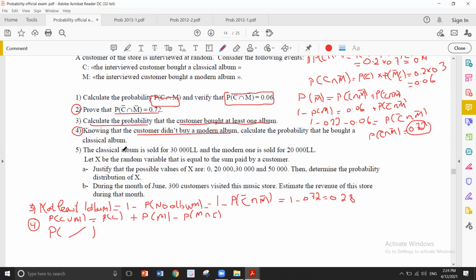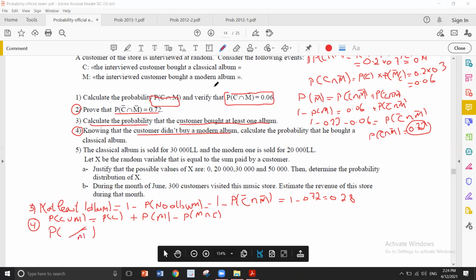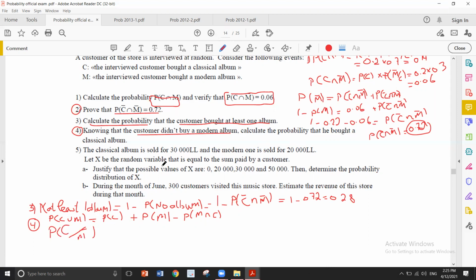What probability do you need to calculate? Knowing that the customer did not buy a modern, calculate the probability that he bought a classical.